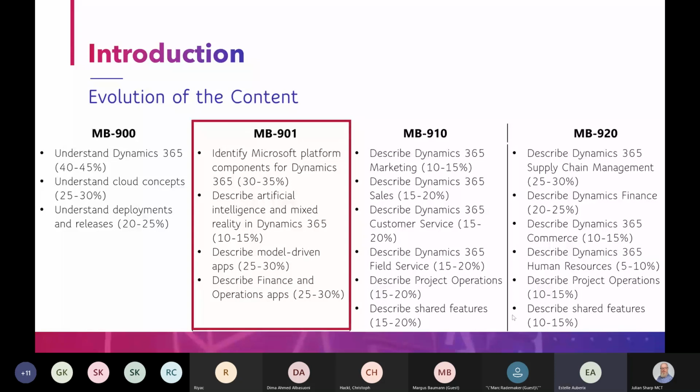Then, now, because it's already in beta, if you want to pass the next certification, instead of MB-901, MB-910 and 920, you're going to be focused more on the capabilities of Dynamics 365.